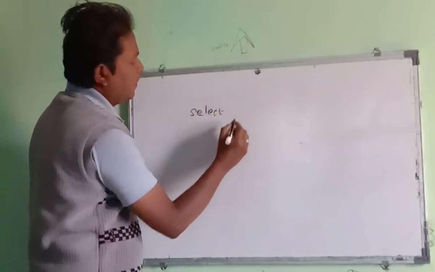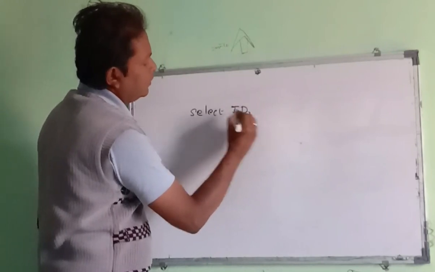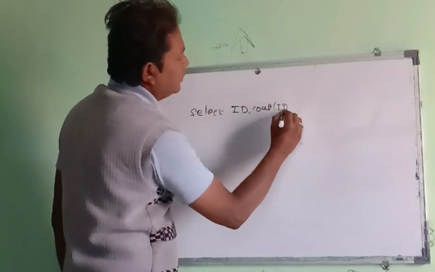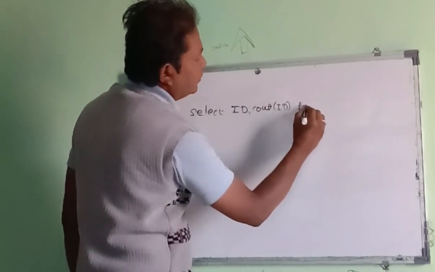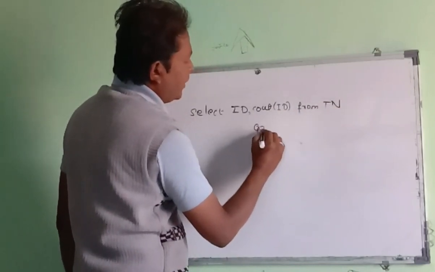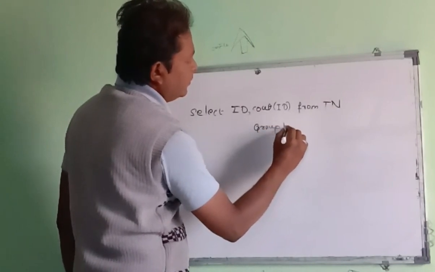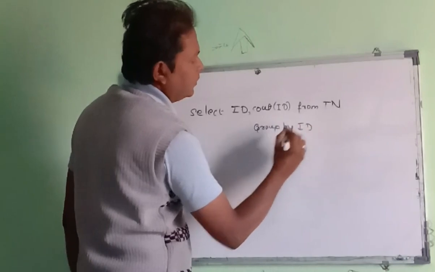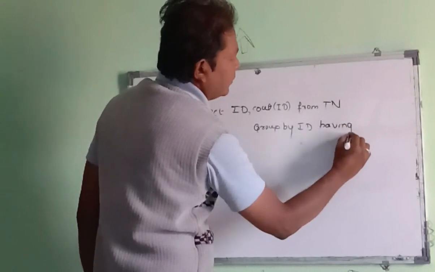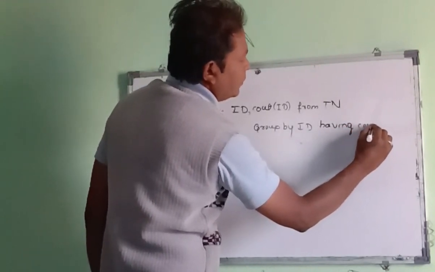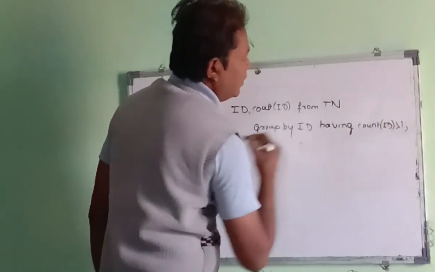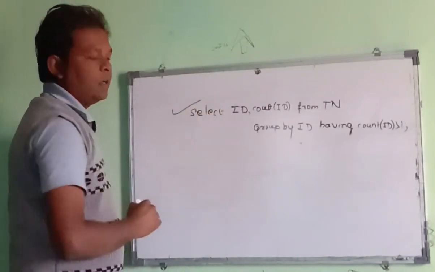Select ID, comma, count of ID from table name, group by ID, having count of ID is greater than 1. This is one query I have written.